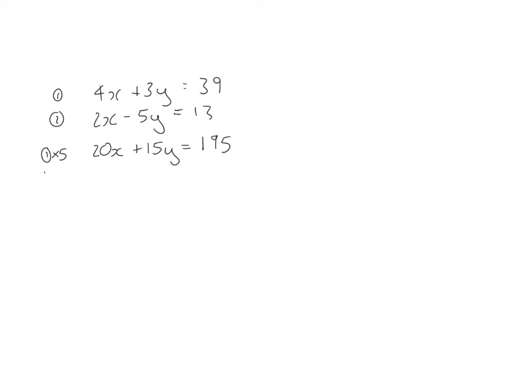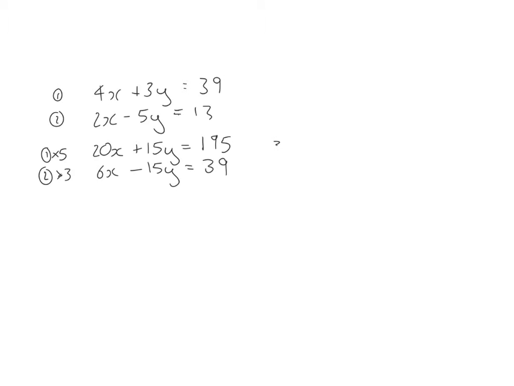And then equation 2, I'm going to multiply by 3. So we get 6x minus 15y equals 39 multiplied by 3, which is 39.